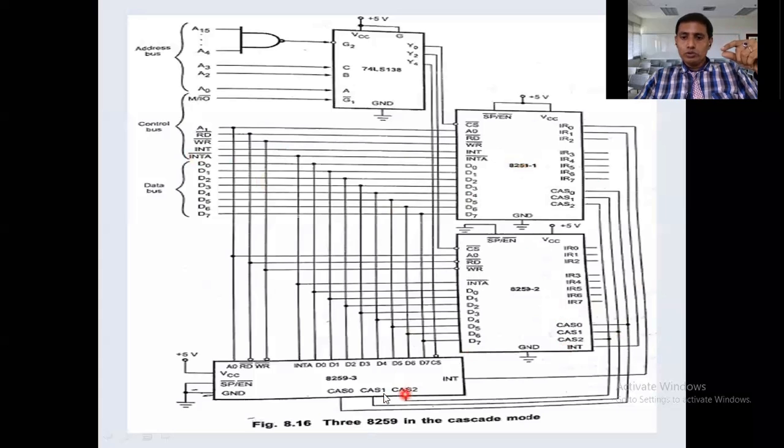For example, in these two slaves, assume that among IR0 to IR7, IR0 has the highest priority. In that case, the slave requesting the master through IR0 is served first, and its instructions are executed by the processor. The master will send the initialization code to that particular slave first. It releases the initialization code again to the corresponding slave.